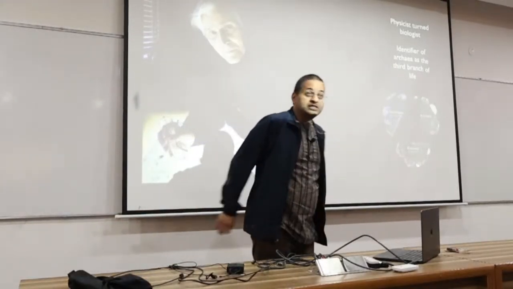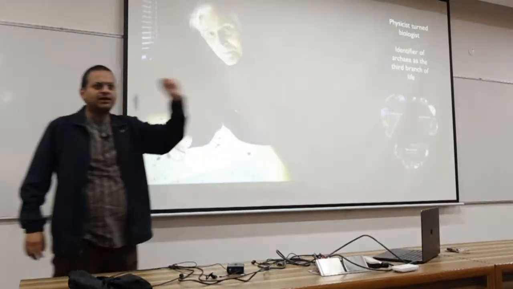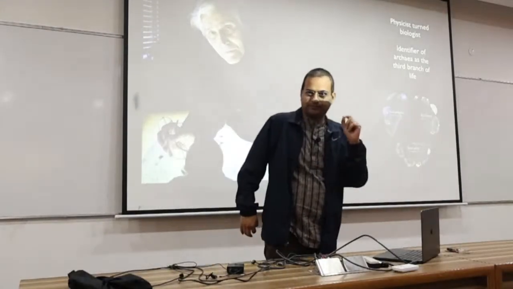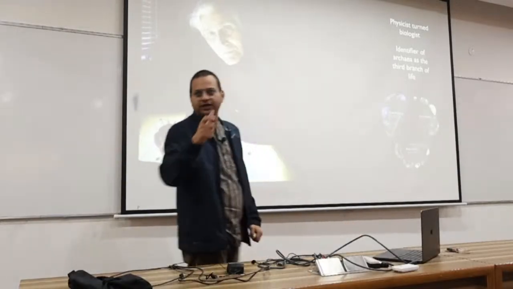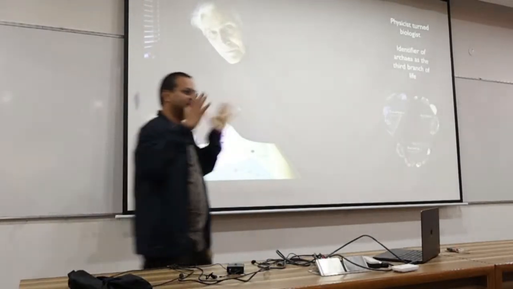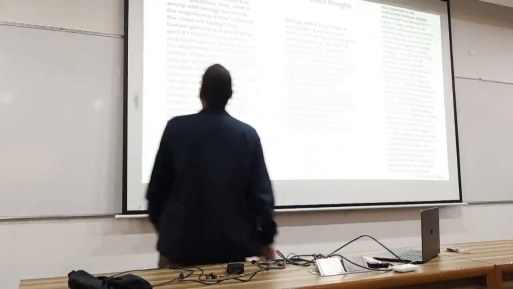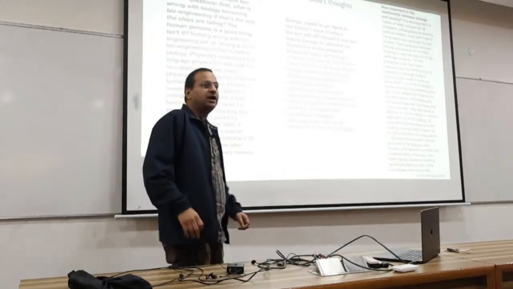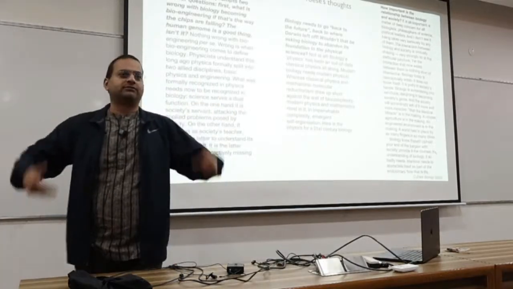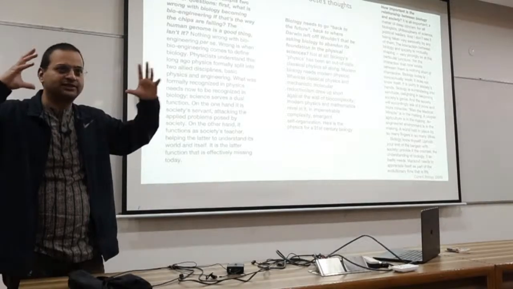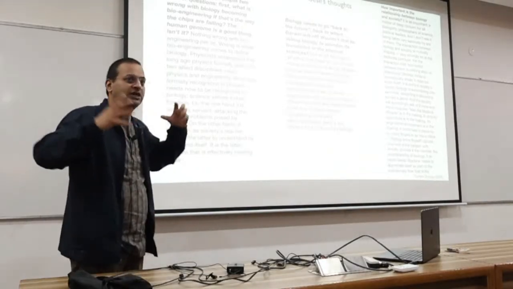So Carl Woese is a physicist by training, and there's a remarkable interview of his in this journal called Current Biology. And I've picked for us to read 3 questions and 3 answers that Carl Woese has given in this interview. First, the previous question was, how did you enter this field of biology, being a physicist? And he's given an answer. And he's said some things which certainly to the interviewer sounds heady.